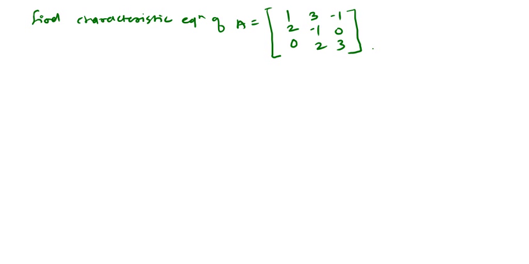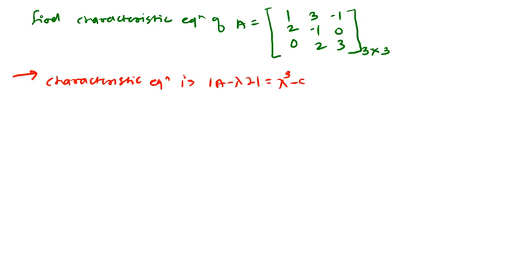Okay, we need to find the characteristic equation for this 3 cross 3 matrix, and we know in general the characteristic equation is the determinant of A minus lambda I, that is lambda cube minus s1 lambda square plus s2 lambda minus determinant equal to 0.